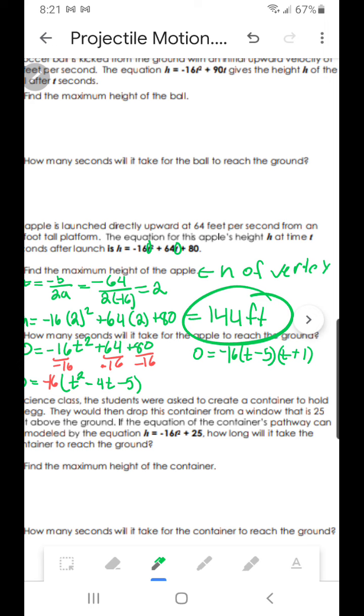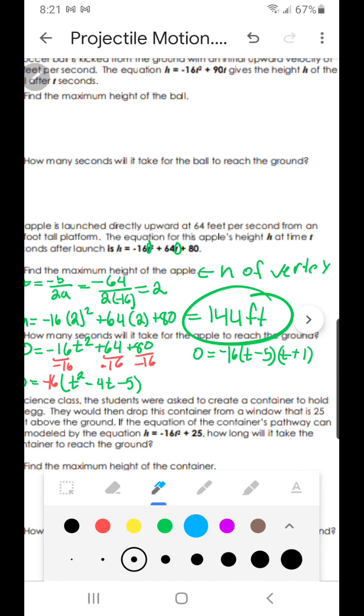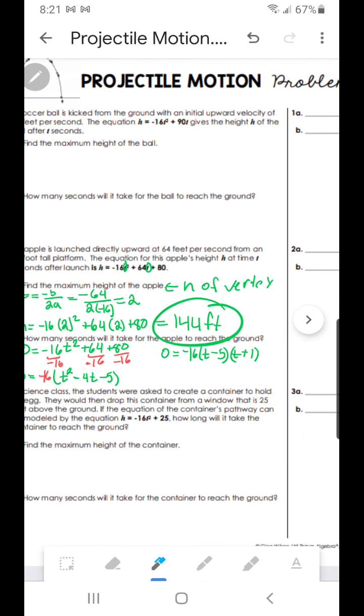So what do we do now? We set each piece equal to 0. Sometimes these things that happen are a little bit funny. So you first set negative 16 equals 0. Does that work? No, never. That factor will not play a part in the solution. And then we have t minus 5 equals 0 and t plus 1 equals 0.